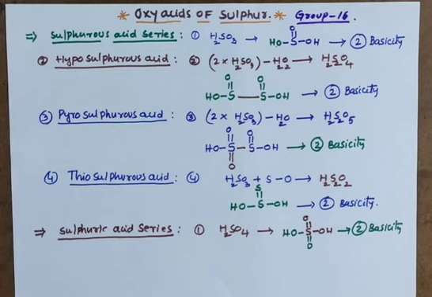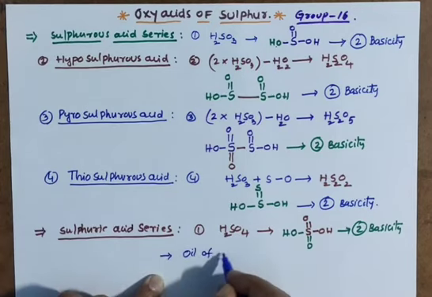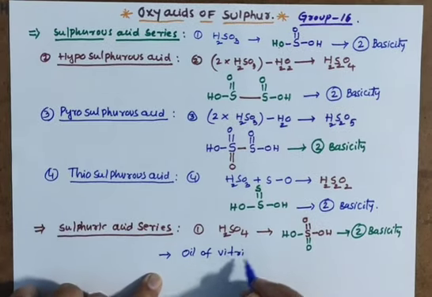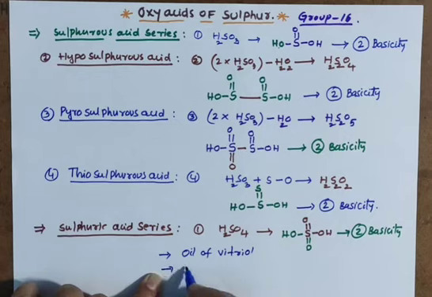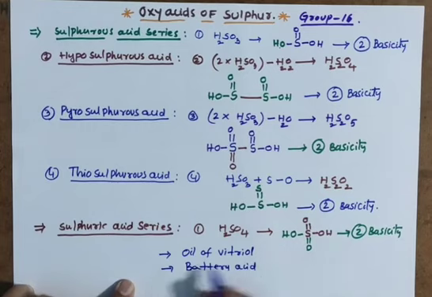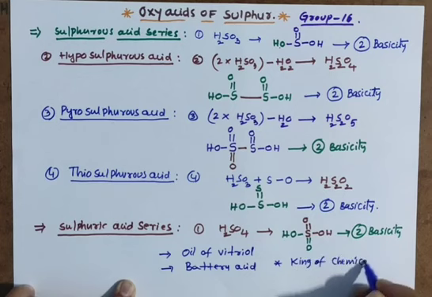Clear? And we have other names for sulfuric acid: oil of vitriol, battery acid, and king of chemicals.